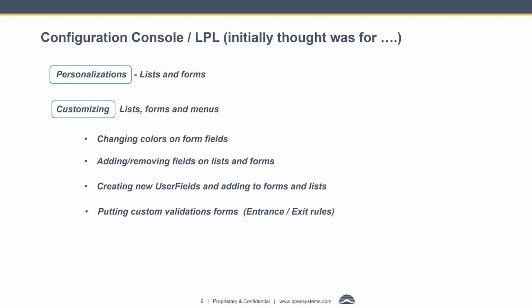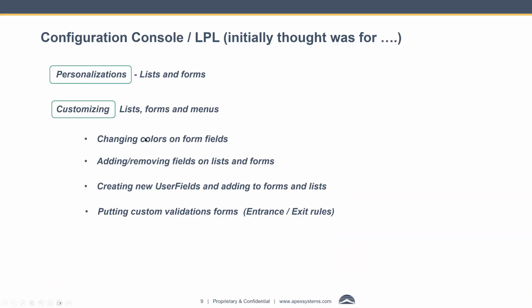Because if you look initially at what LPL was thought for when Infor rolled out configuration console and LPL, it was really focused on personalizing lists and forms and maybe customizing these forms and lists for specific users and menus.